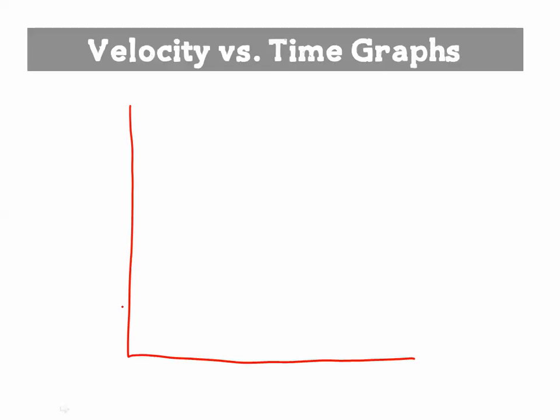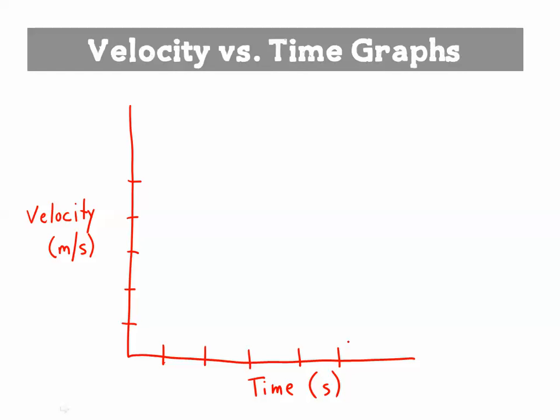So let's say we have 1, 2, 3, 4, 5. This is our velocity in meters per second. And this is our time in seconds. So we got 1, 2, 3, 4, 5.